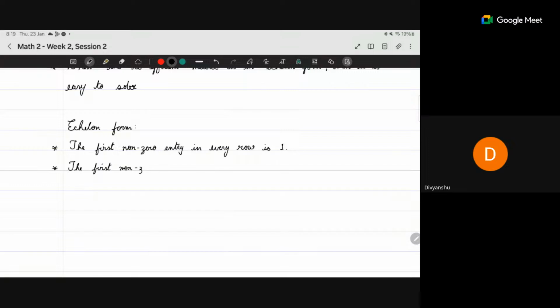The first non-zero entry in every row, which is a 1 because of rule 1, occurs to the right of the non-zero entry in the previous row.